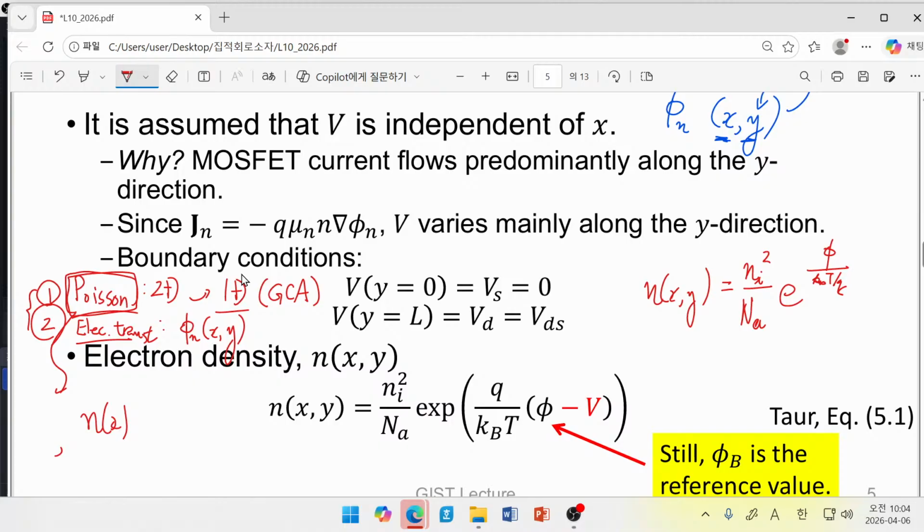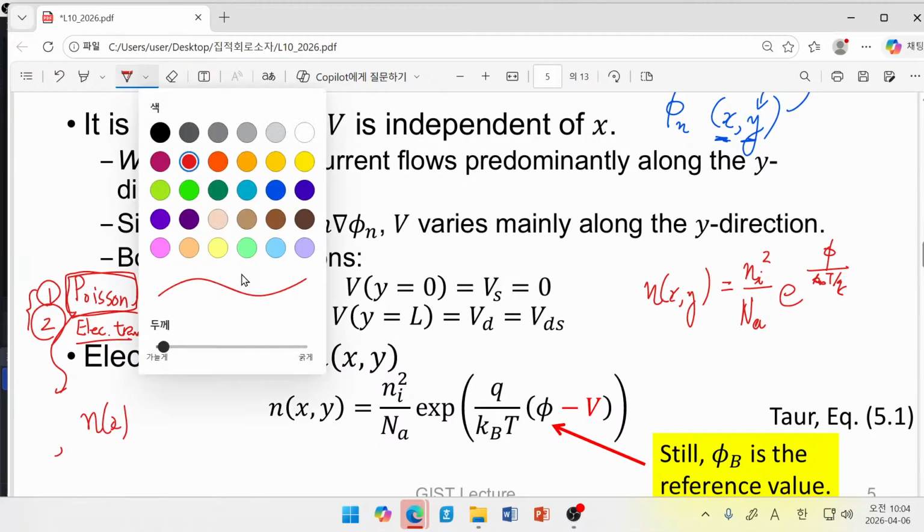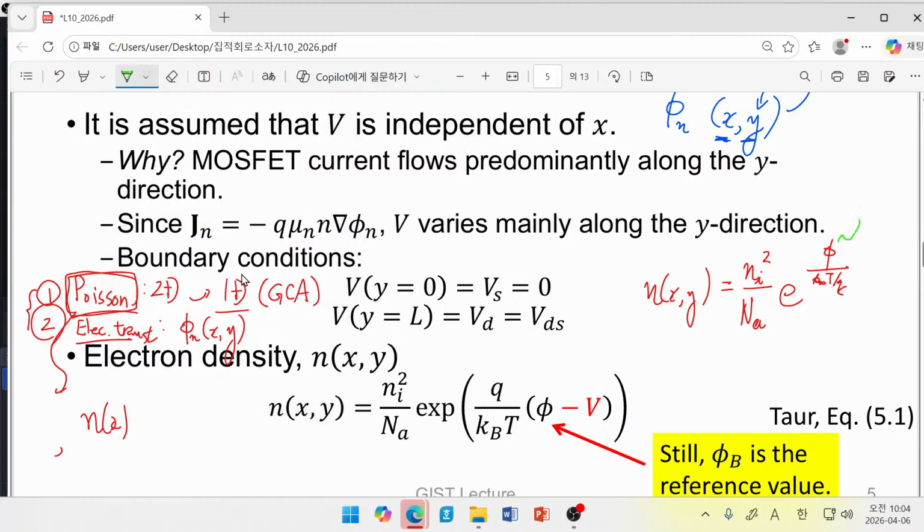Please note that when we say this form, this phi should be considered as the one referenced to our deep substrate. It means that it is referenced to the positive infinity position. Maybe you remember that sometimes I introduce an unofficial notation like tilde phi to make a distinction between our usual convention and the reference to the deep substrate.